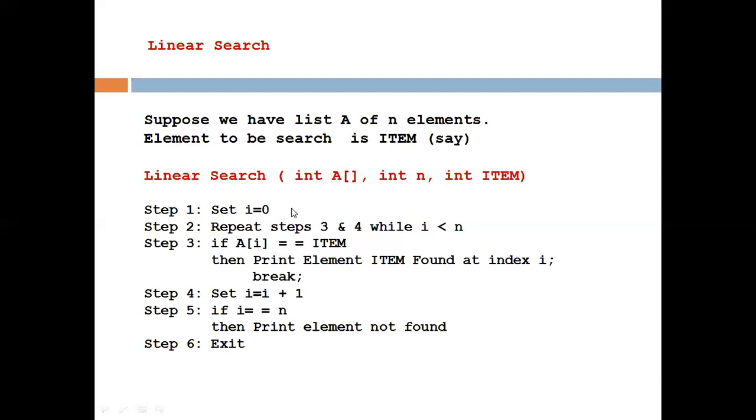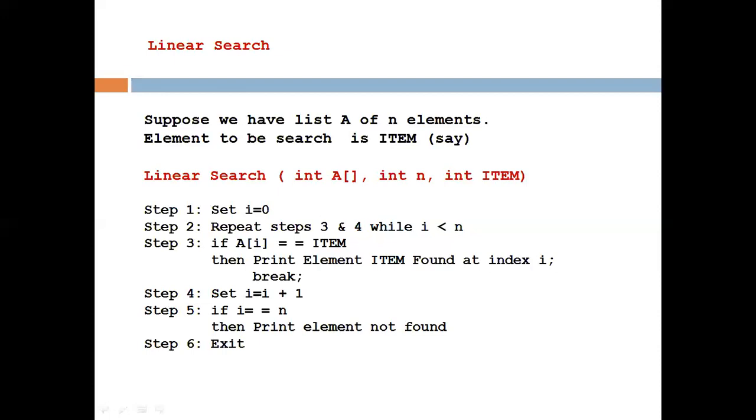You know that in C, elements are stored from 0th index to n minus 1, where n is the size of the array. So we are taking this counter and initializing it to 0, so that the first element will be at 0th index and the last element will be at n minus 1th index.